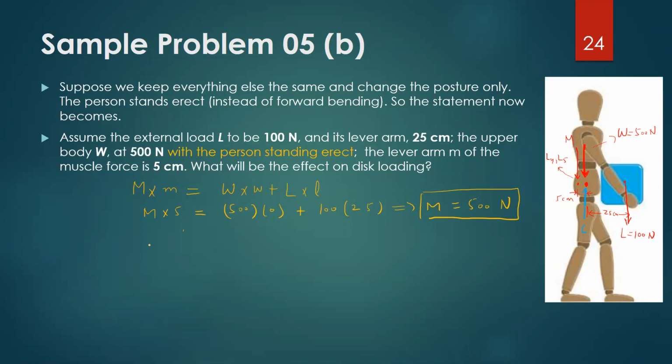Okay. And similarly regarding the force C, C was equal to the sum of the forces acting downwards. So you can see this L, W, M, they are all acting downwards. So C will be equal to 100, that is the load being held, 500 the weight of upper body, and M that we just found was 500.